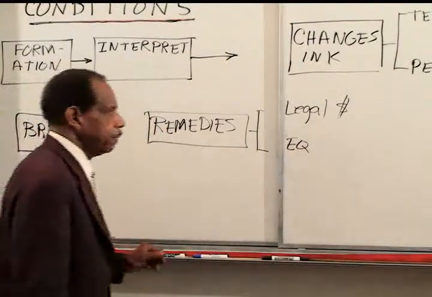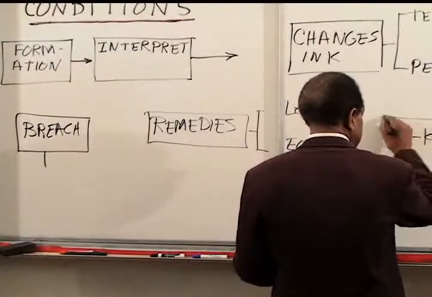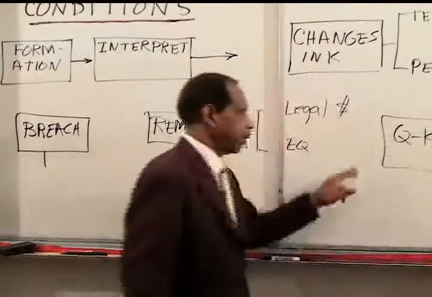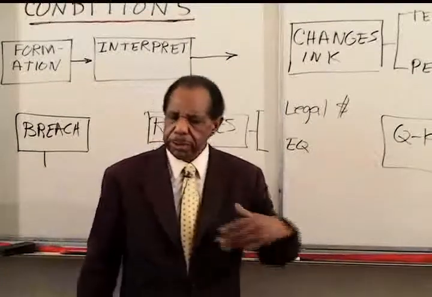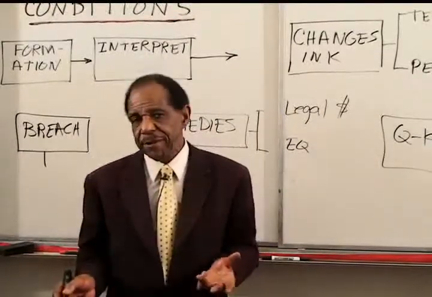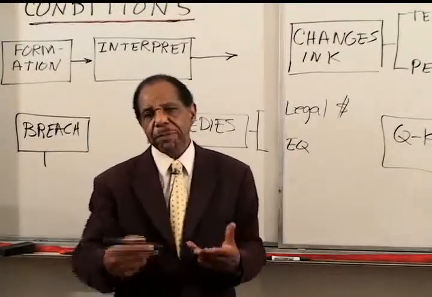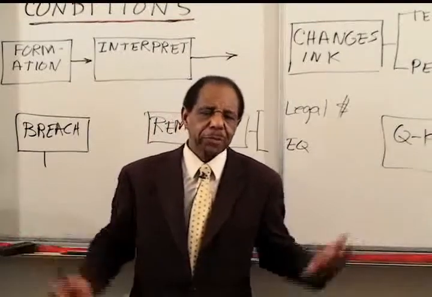And finally, the last area here is quasi-contract. The quasi-contract issues come up when we either never had a contract and I did some work for you and I want quantum meruit to get paid for what I did because I thought we had a contract and we didn't.